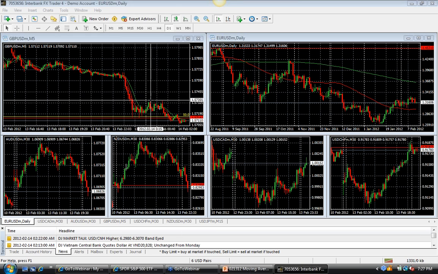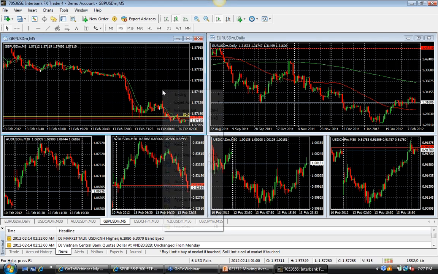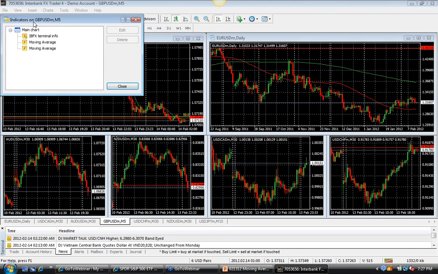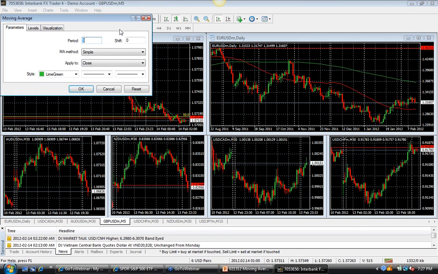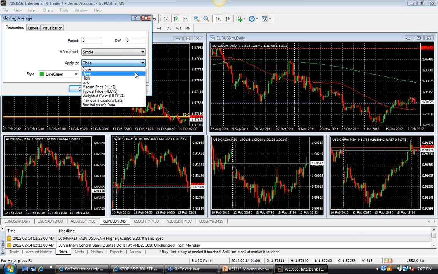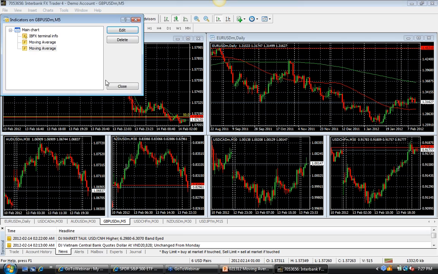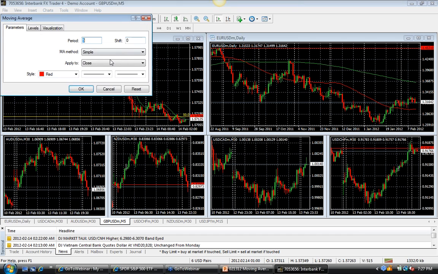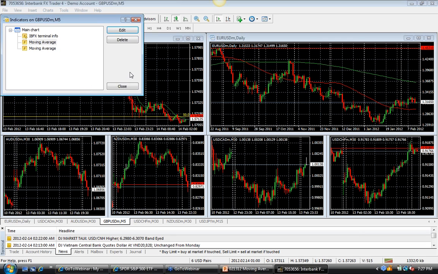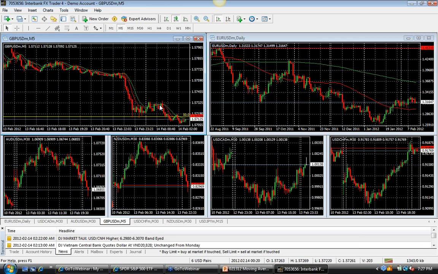Looking at these periods of data, if I chose to edit it, and go to my indicators list, and edit it, whether it's simple or exponential, if I move them both to the high, and I press OK, and I move this one, and I edit it, and I move this to the high, and I press OK, you're not really going to be noticing too much of a difference.